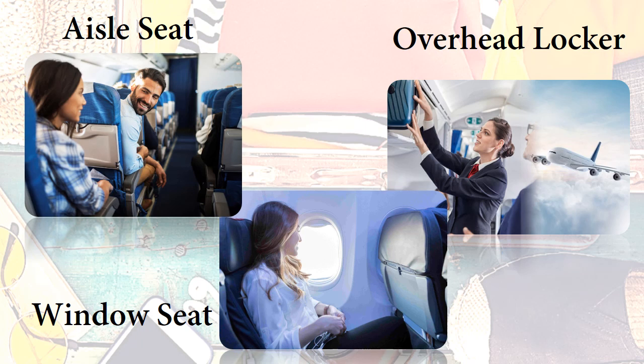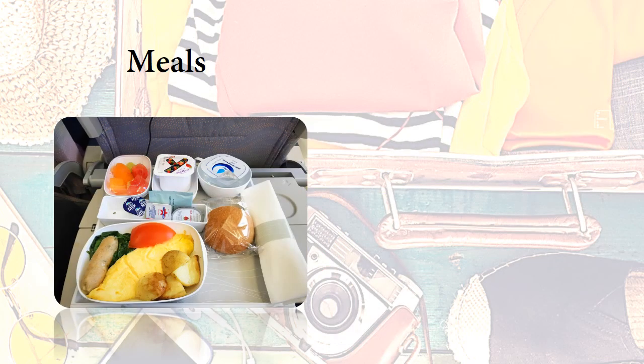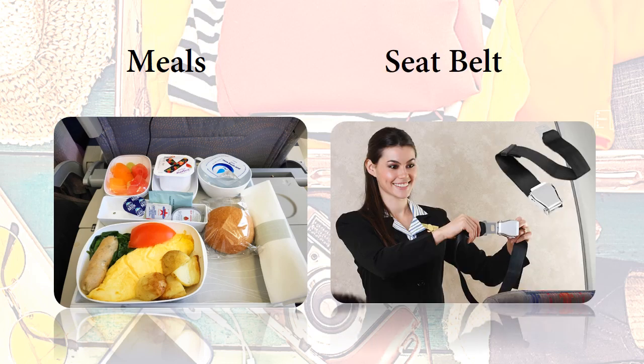A locker situated above someone's seat to keep small bags. Meals. The food that you eat at set times. Seat belt. A belt that fastens around you when traveling.